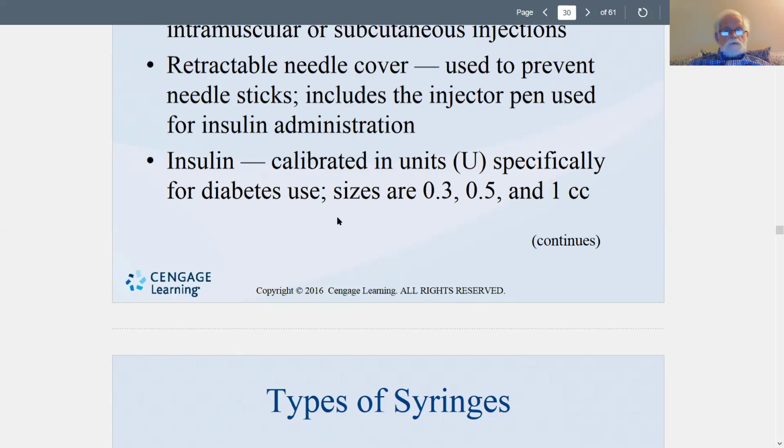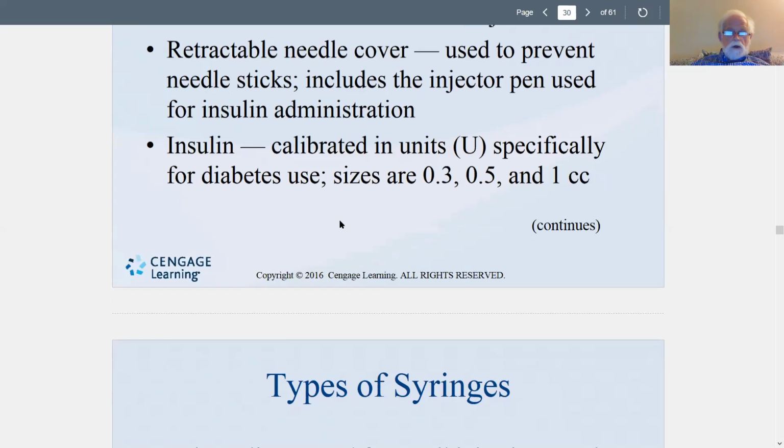So the 0.3, 0.5, and 1 cc syringes are graduated in 1/100ths of a milliliter, which means they're graduated for diabetic use in 1 unit demarcations. If they need 15 units, they'll draw up 15/100ths of a cc, or if it's marked in units, they'll draw it up to the 15 unit.